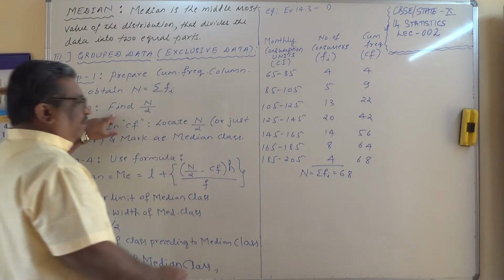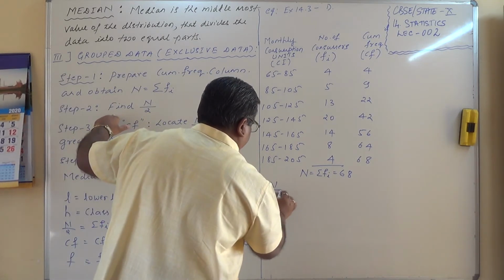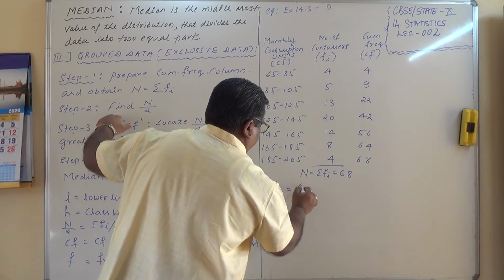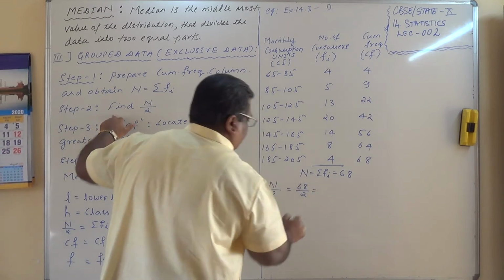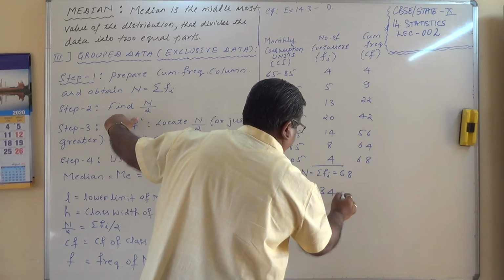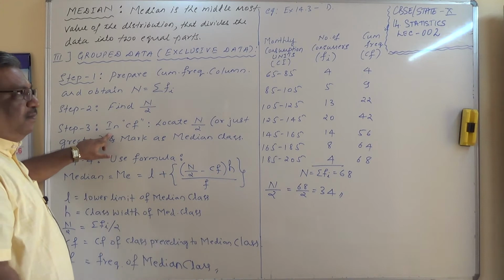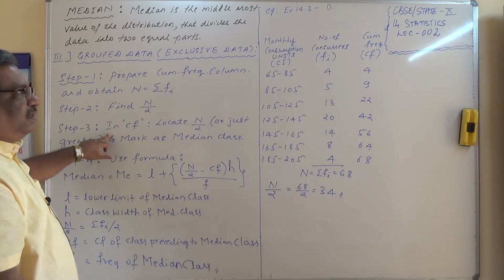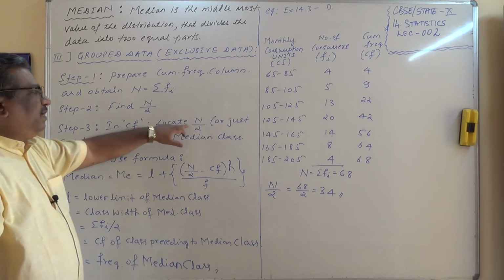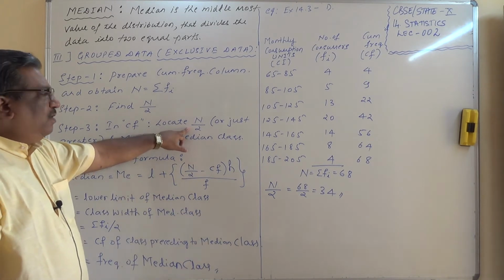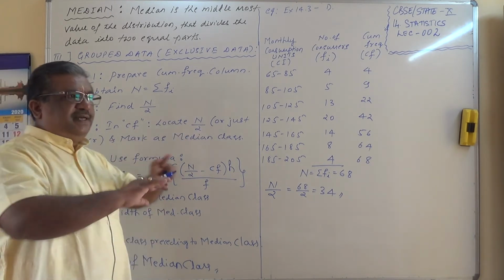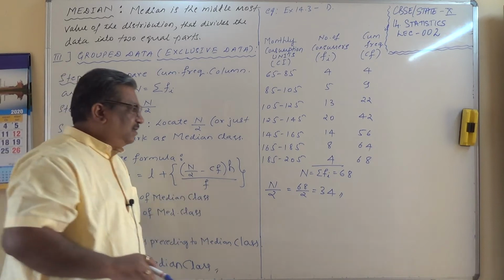Step 2, find n by 2. N by 2 is 68 by 2, which is 34. Step 3, in the cumulative frequency column, locate n by 2 or just greater than n by 2, and mark the entire horizontal row as the median class.